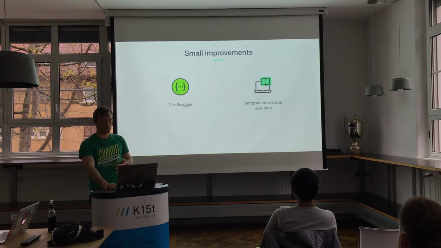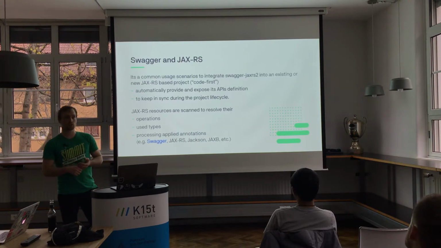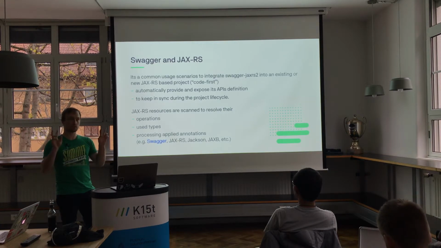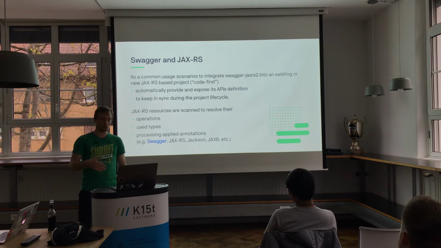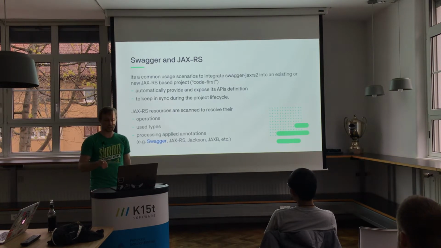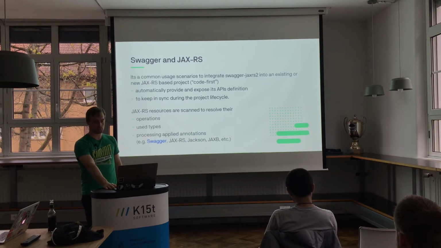Because our whole REST APIs were already JAX-RS based, it was pretty simple to take the code-first approach, because everything could be loaded and parsed from those JAX-RS files, and only if I needed some additional information did I use Swagger-specific annotations.